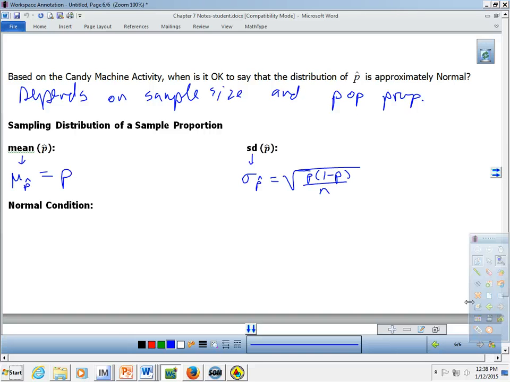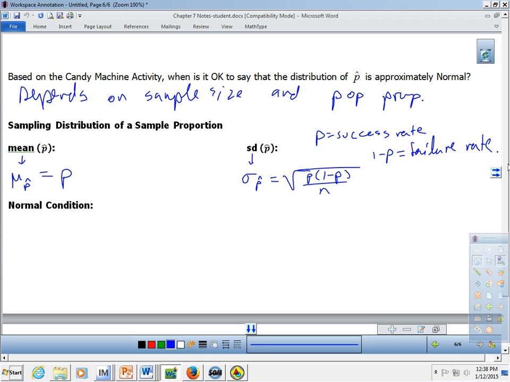And so this formula comes from the idea of that binomial, where you have successes and failures. And so p could be looked at as your success rate, which is also your population proportion, where 1 minus p then would have to be your failure rate, okay? And of course, n is the sample size.